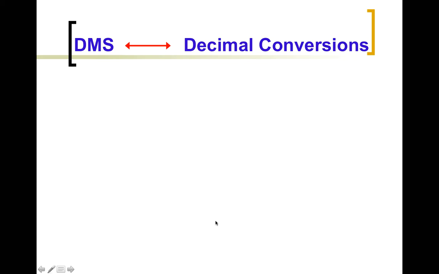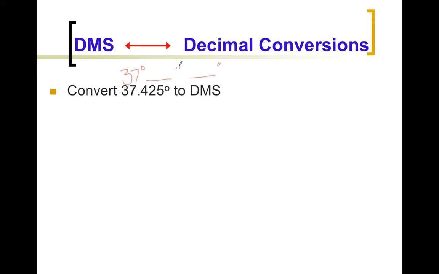Let's say we wanted to convert between decimal and degrees, minutes, and seconds. So I want to take this decimal and I want to change it to essentially 37 degrees, some minutes, and some seconds. Sorry, I just did that wrong right there. One dash for minutes.